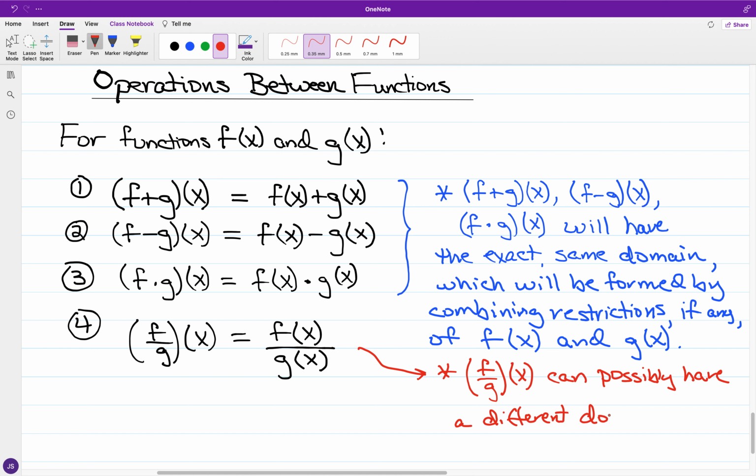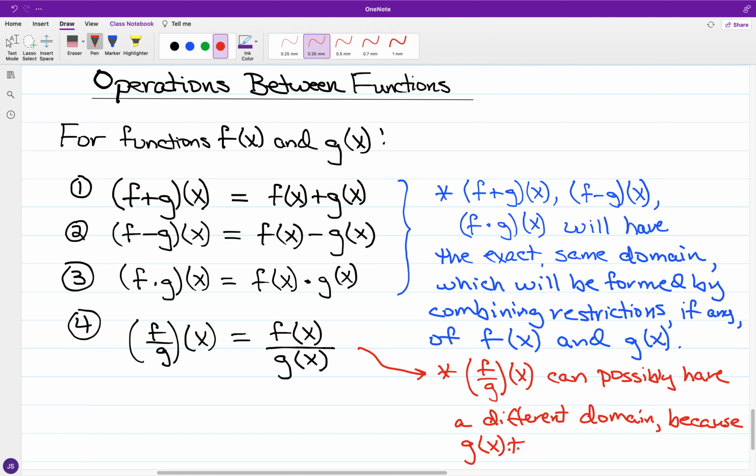And the reason it can possibly have a different domain is because while g of x can be 0 for the sum, difference, and product functions, it cannot be in the quotient function. So these are just future references here.